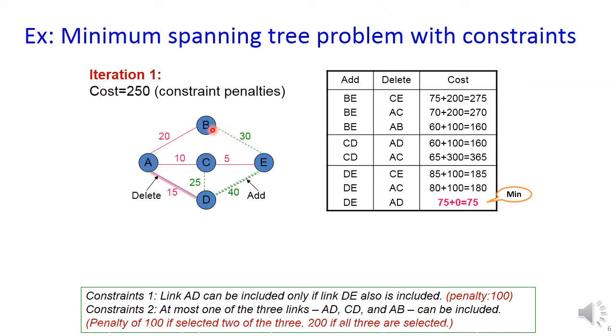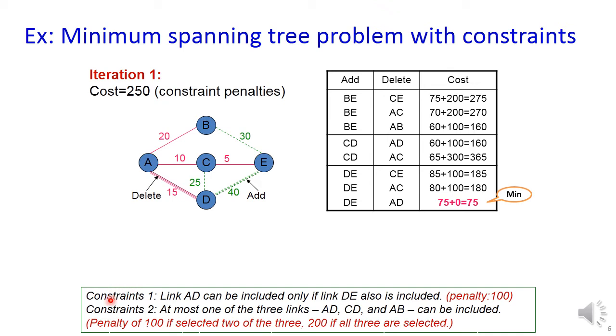Further, we need to compute the cost also. Let us go for the first one: add BE, delete CE. So 30 plus 20 plus 10 plus 15 results in 75.